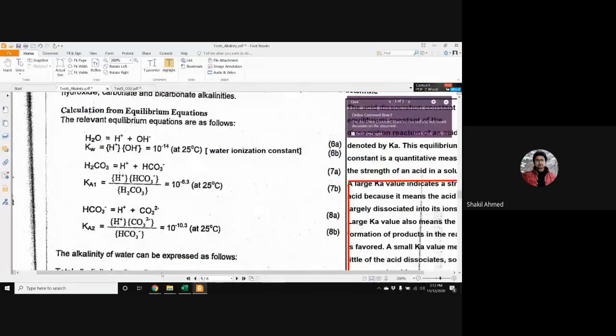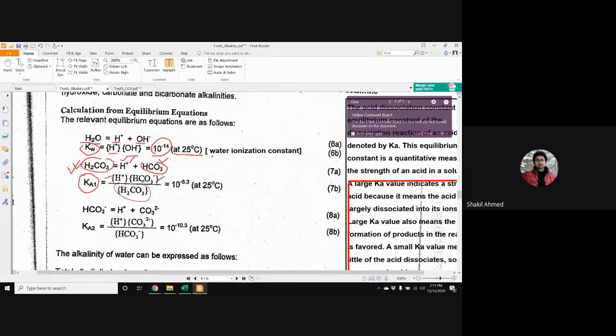First of all, if this is the water molecule, it dissociates to give you hydrogen ion and hydroxyl ion. And at 25 degrees Celsius, you have a constant Kw, which is the concentration of hydrogen ion multiplied by the concentration of hydroxyl ion, which is 10 to the power minus 14. Now, if you have the acid H2CO3, of course, the acid gives you hydrogen ion and bicarbonate ion, and you can again have a constant, which is the concentration of hydrogen ion, concentration of bicarbonate ion, and concentration of H2CO3.